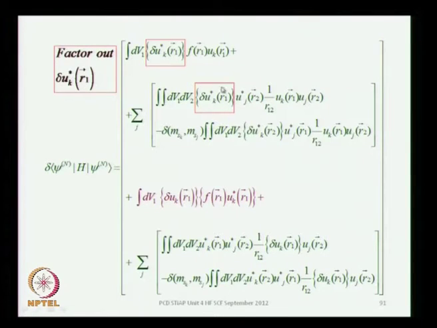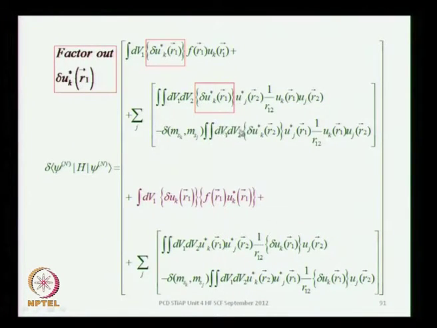Over here you have delta uk star r1 and delta uk star r1 in these two integrands, and this one comes already before the operator. So, this operator is not going to affect this part. So, you can extract delta uk star r1 as common in this term and this term, you can factor it out. Now, can you pull it out of this term? What do we have here? The one with the kth label is delta uk star, but the argument is r2 rather than r1. So, you cannot extract it straight away, right. But then both r1 and r2 get integrated out, right.